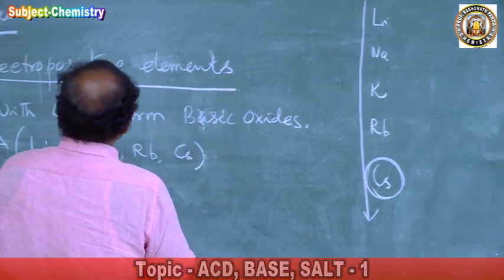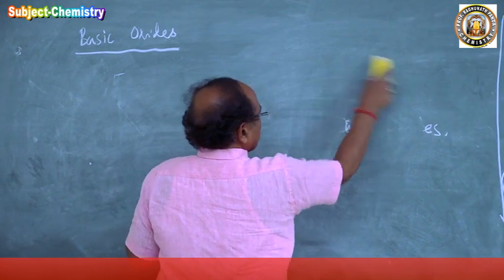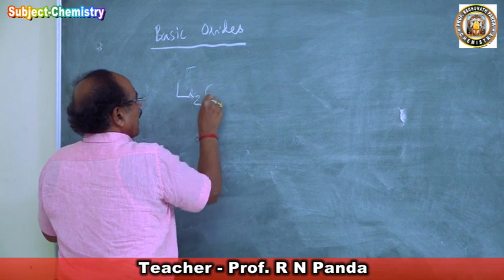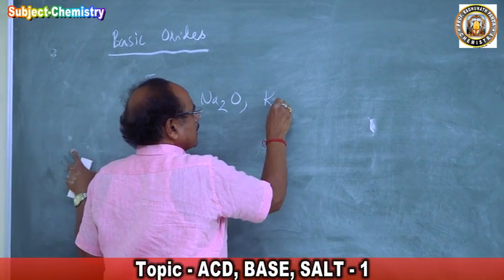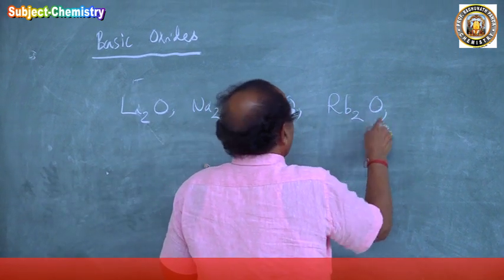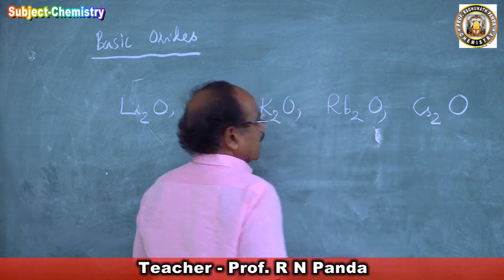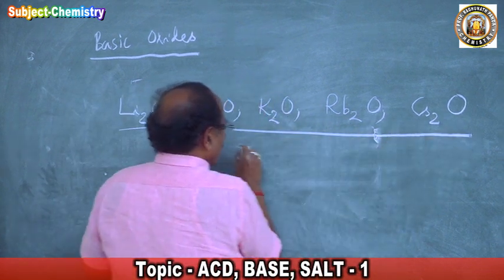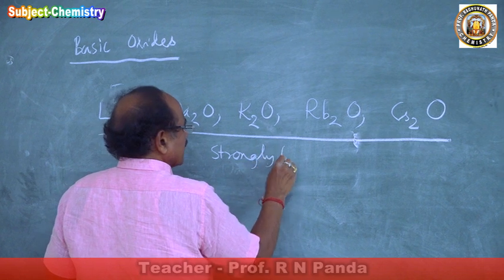So lithium will form lithium oxide. Lithium oxide, sodium oxide, potassium oxide, rubidium oxide and cesium oxide. All these oxides are strongly basic because they are highly electropositive metals.